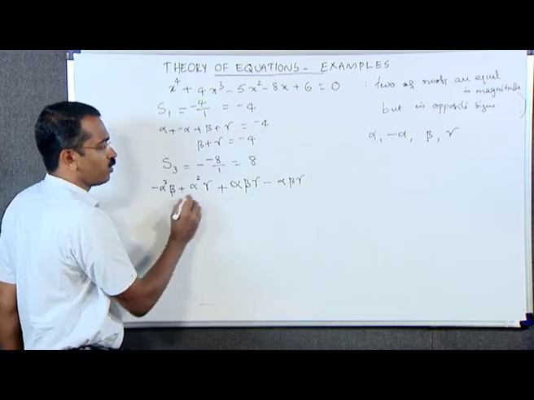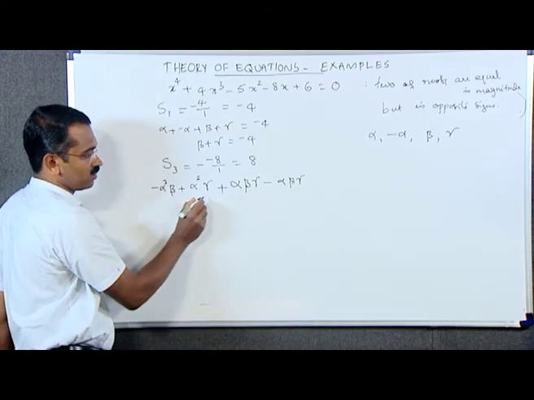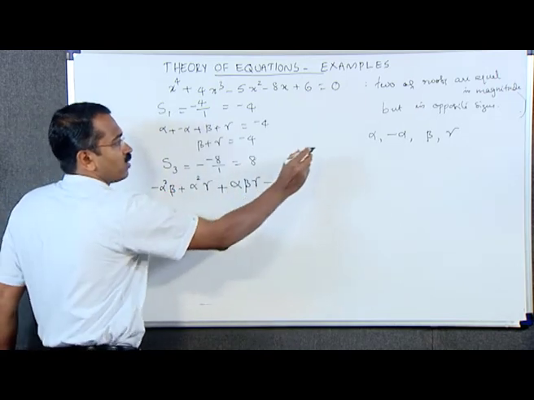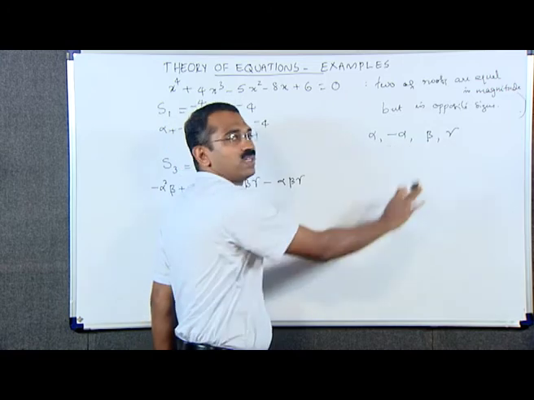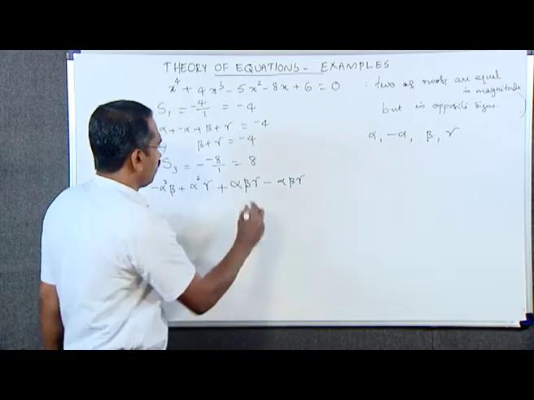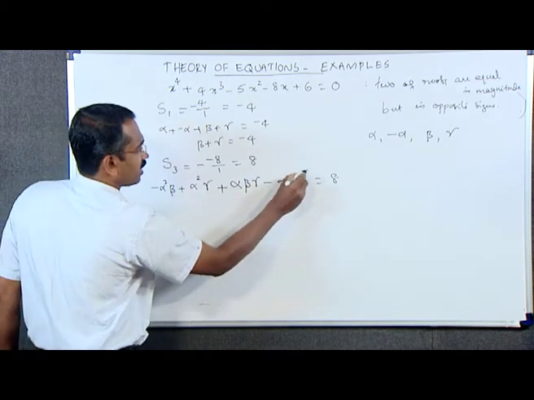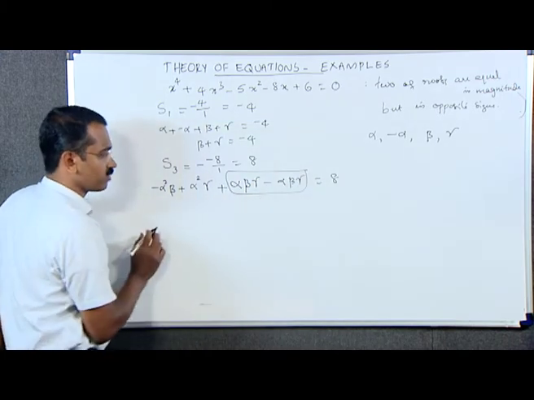S3 is the sum of the products of 3 roots taken at a time, which is equal to 8. Alpha beta gamma and minus alpha beta gamma will become 0.